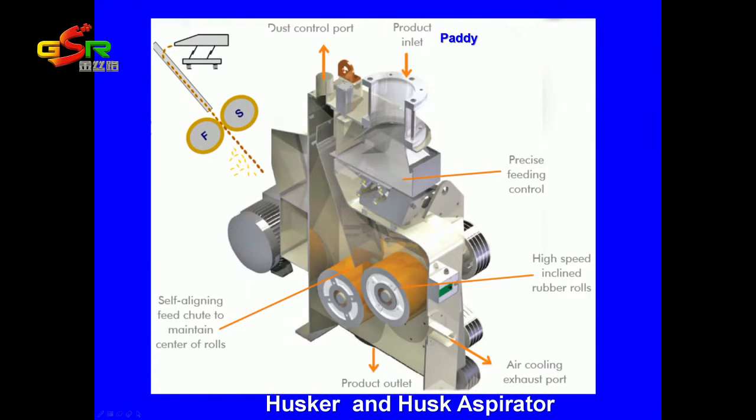This is the husker. From this figure, we can find the paddy is put into the inlet from here, and we use the feeding roller to control the speed of the flow.